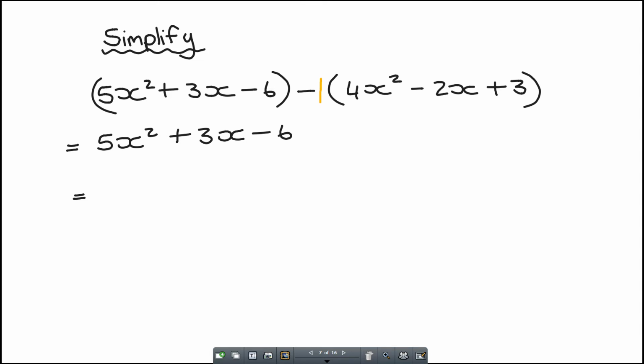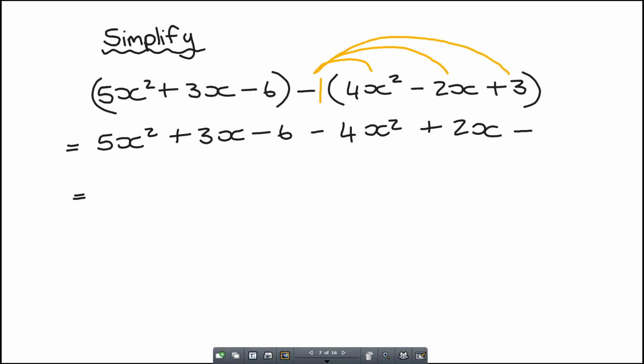So now that minus 1, I have to multiply it. So minus 1 times 4x squared will give me minus 4x squared. Now, minus 1 times minus 2x will give me a minus times a minus, positive 2x. Now, minus 1 times 3 will give me minus 3.